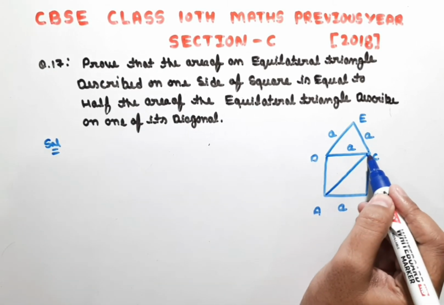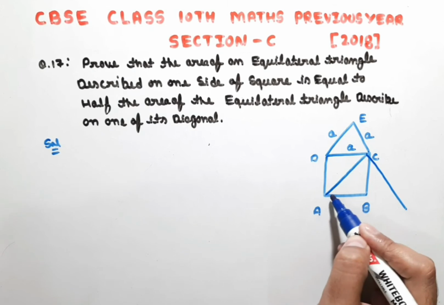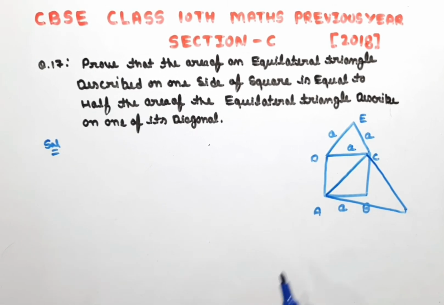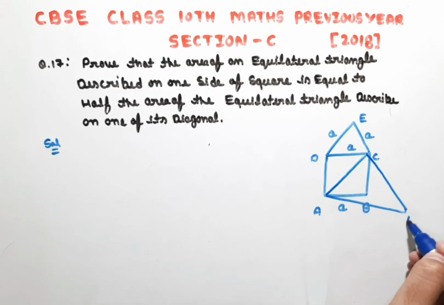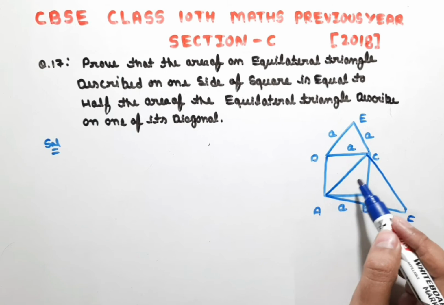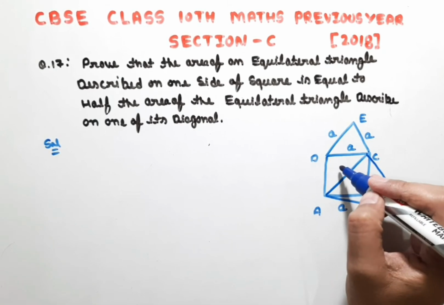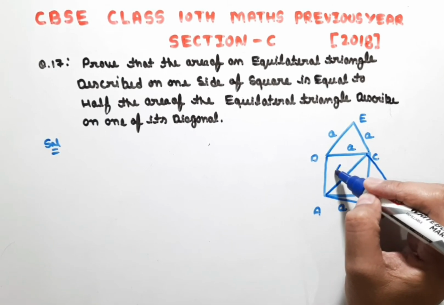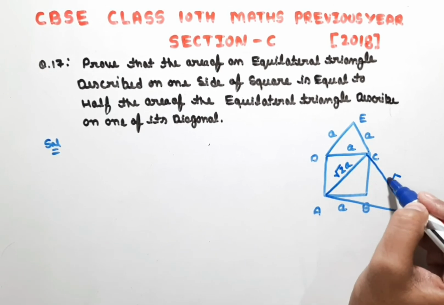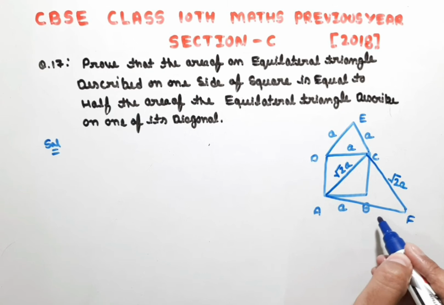So let this be another equilateral triangle ACF. So we know that the diagonal of a square is equals to root 2 A. So side of this equilateral triangle will be root 2 A.